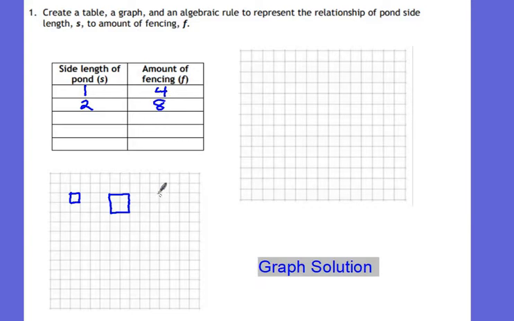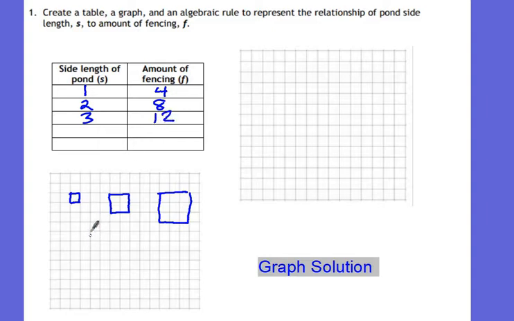For a 3 by 3, 1, 2, 3, the amount of fencing here, I would need 1, 2, 3, 4, 5, 6, 7, 8, 9, 10, 11, and 12. So for 3 by 3, I'm going to need 12.